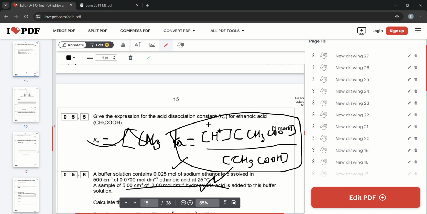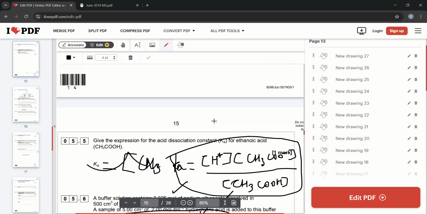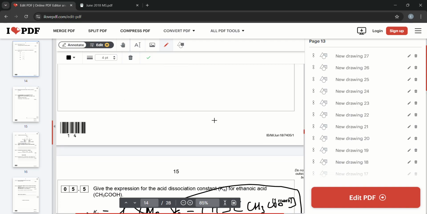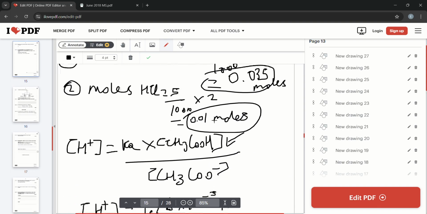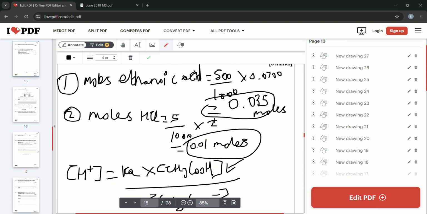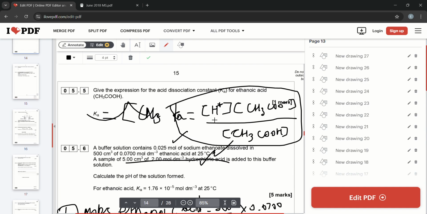The more confusing the question, the more you should do it, because the more you're going to learn from it. Wise words from Iman. So we've got Ka, the Ka constant equation.